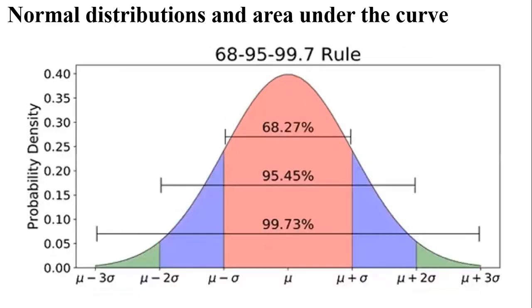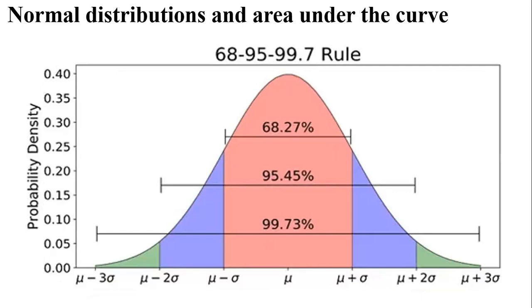And this is what I'm trying to say. It's a rule, we call it the 68, 95, 99.7 rule. When you are moving the standard deviation, here I'm using the standard deviation in the middle, so you are moving 1 standard deviation to the right and 1 standard deviation to the left.